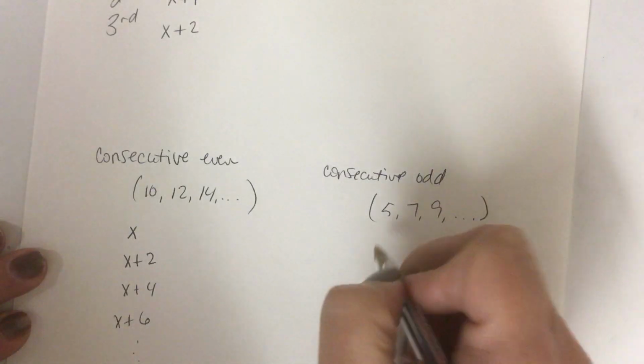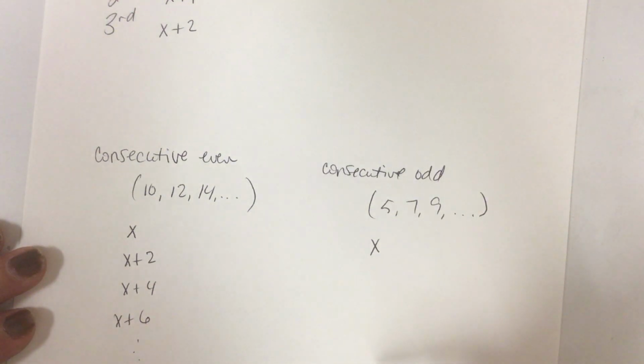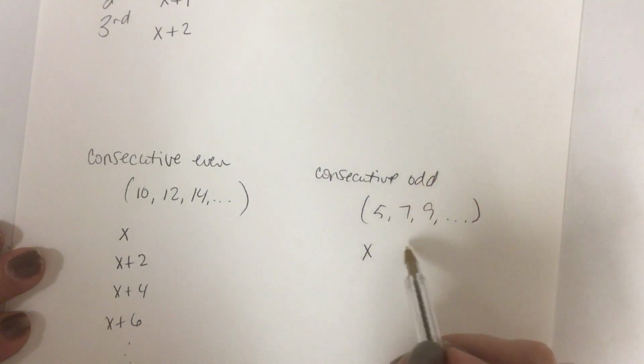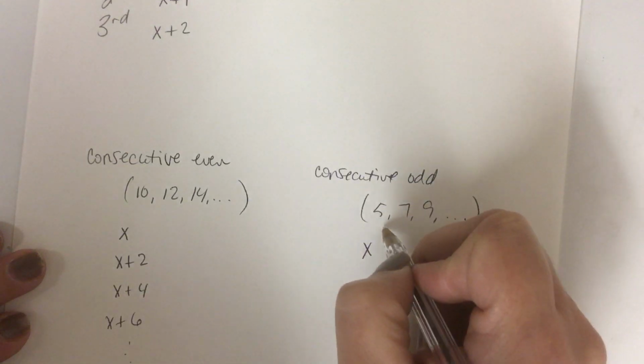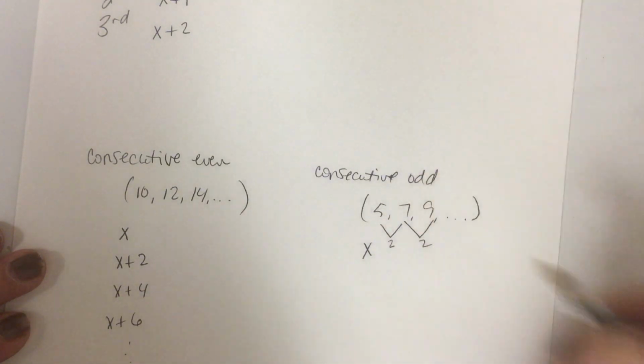Well, people want to think that with odd it would be x and then x plus 1 and x plus 3, but it's not. Odd numbers are 2 apart, just like even numbers are 2 apart. From 5 to 7, I've got to add 2, and from 7 to 9, I've got to add 2.